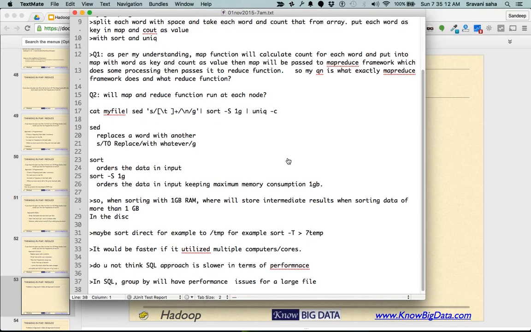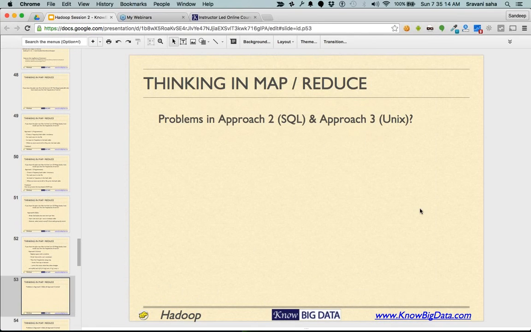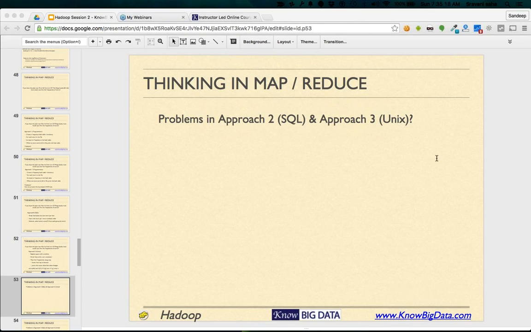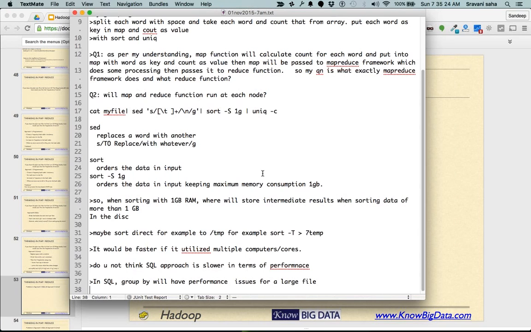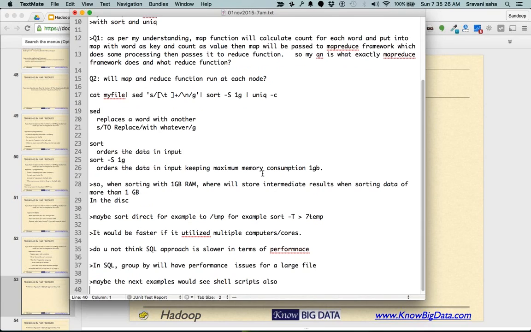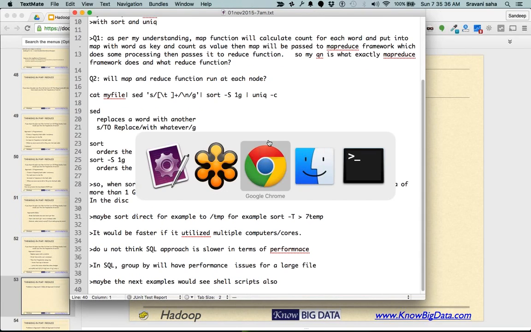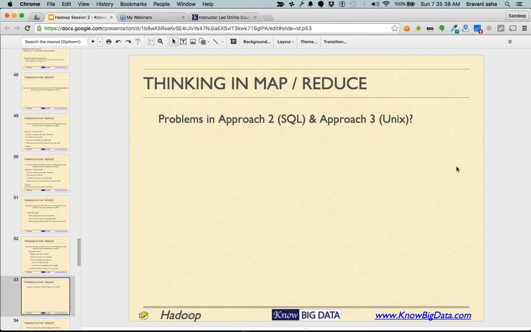Okay, so that is Anand's point. So Carlos's point is maybe the next example would use shell scripts also. Yes, when we talk about Hadoop streaming, we will use shell scripting.